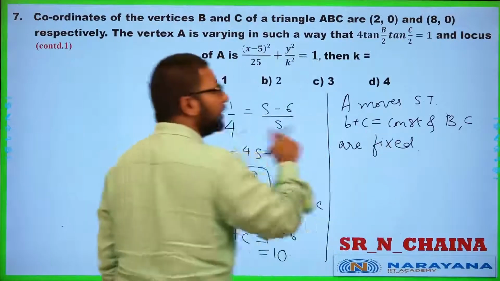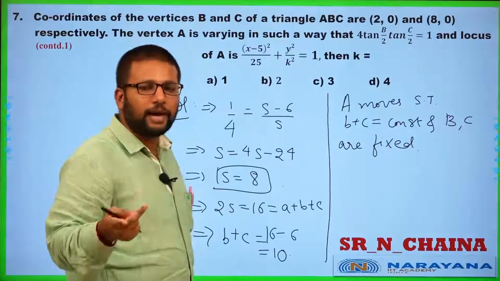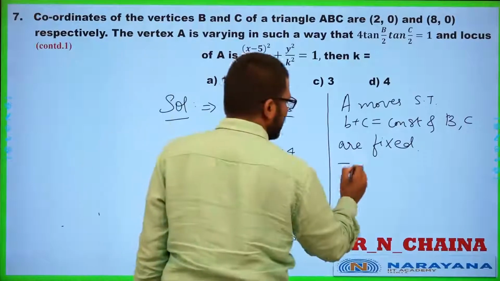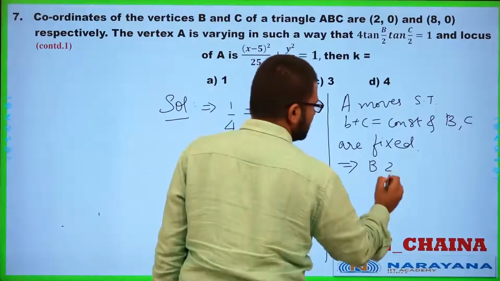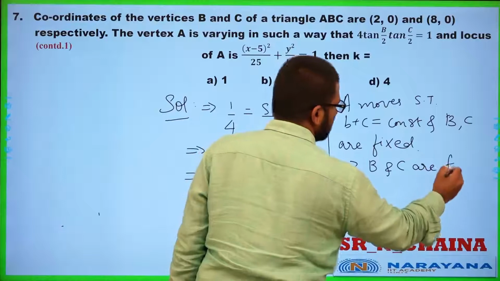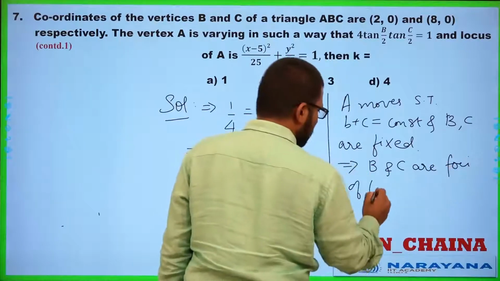From this we conclude that B and C are foci of an ellipse, which means B and C are foci of the locus of A.